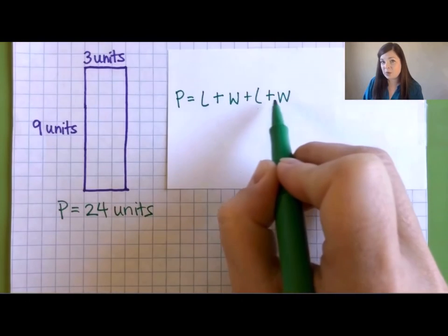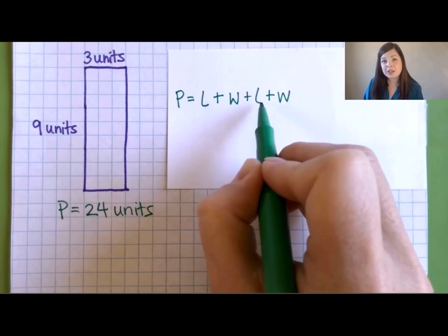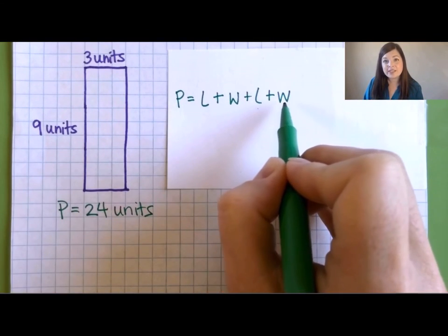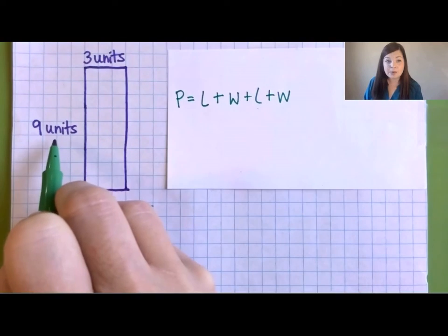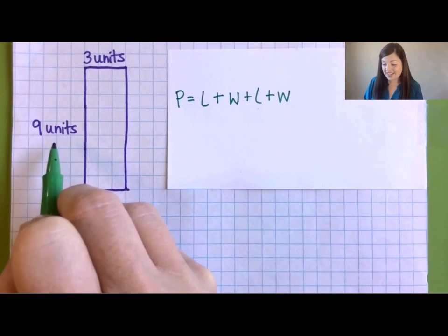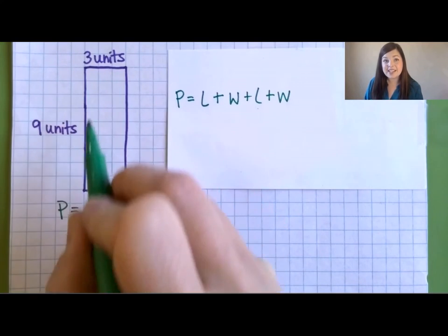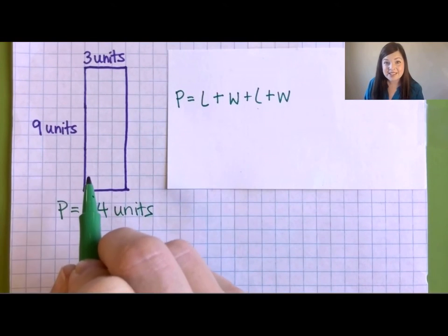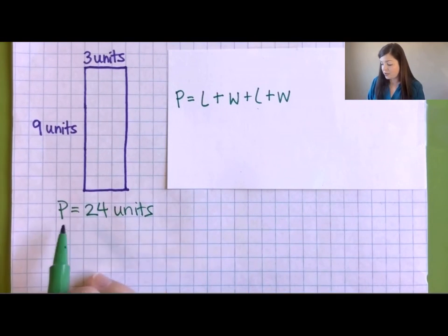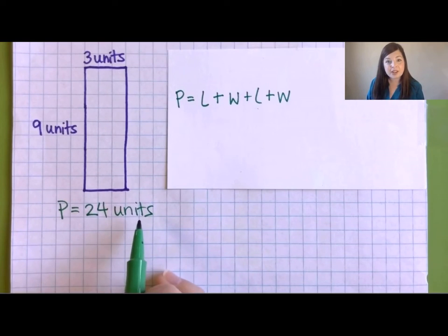We can see in this equation that we also have 2 lengths and 2 widths. So double 9 is 18, and double 3 is 6, and 18 plus 6 equals 24. So the perimeter is still 24 units, even if we find it that different way.